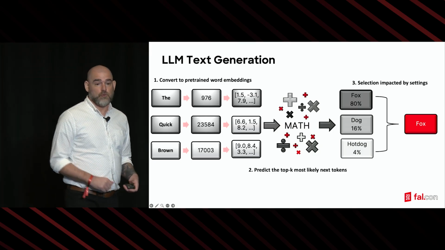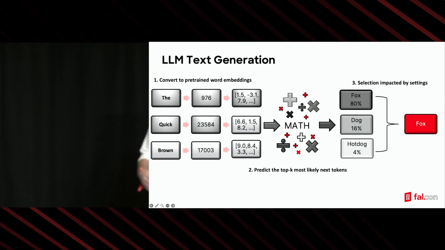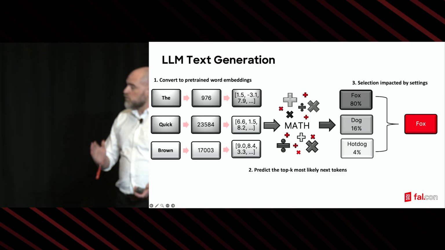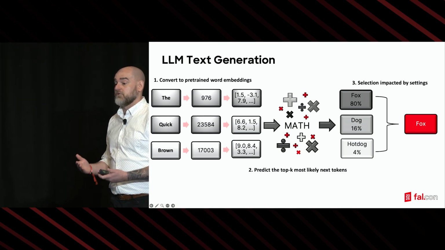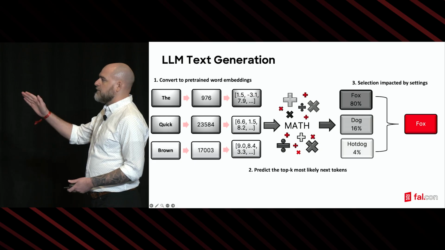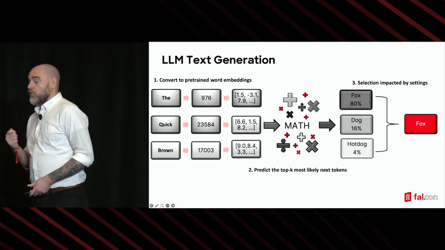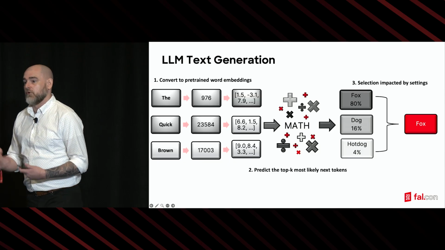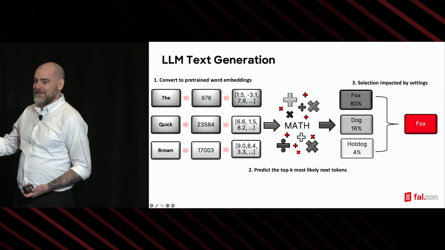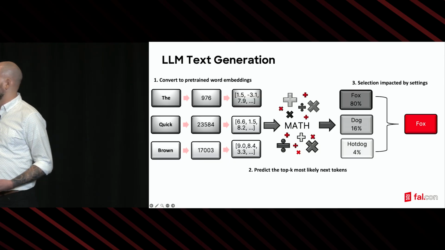And we can actually control this. If you've ever heard of temperature, we can use temperature. A very low temperature is going to make our model more deterministic. So in this case, 80% of the time, our model will pick Fox. But maybe we want our model to be more creative or more expressive. We can set a very high temperature, and that's going to normalize these values.